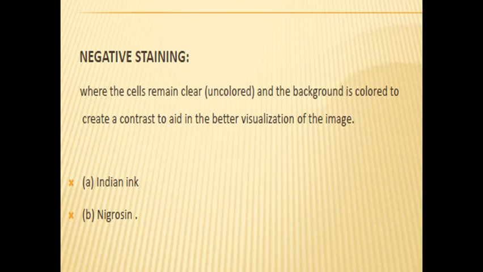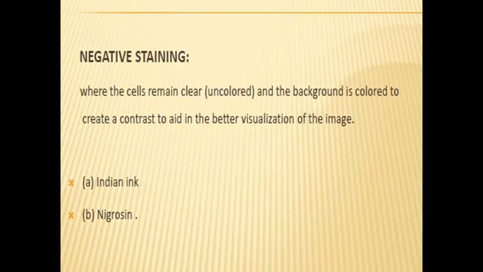And what is negative staining? It is exactly the opposite of positive staining. Here in this staining method we utilize the stain, but your specimen, your bacterial cells, are unable to take up that stain.